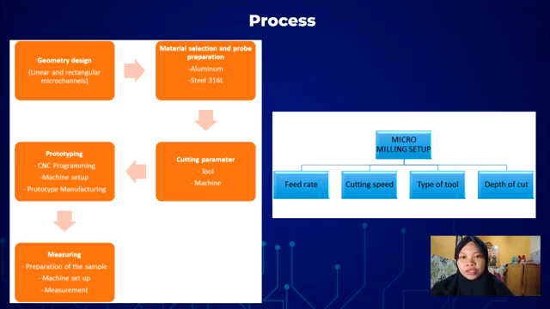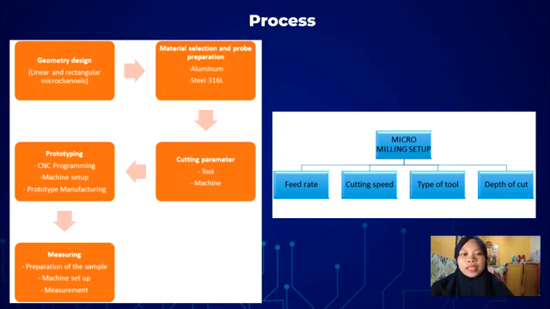Then the next process is material selection and probe preparation, for example aluminum and steel. Next is cutting parameters, and after that prototyping, for example CNC programming, machine setup, and prototype manufacturing. Then the last process is measuring, for example preparation of the sample, machine setup, and measurement.